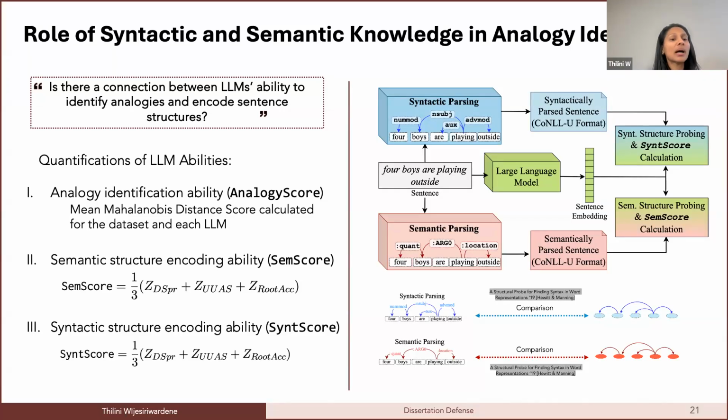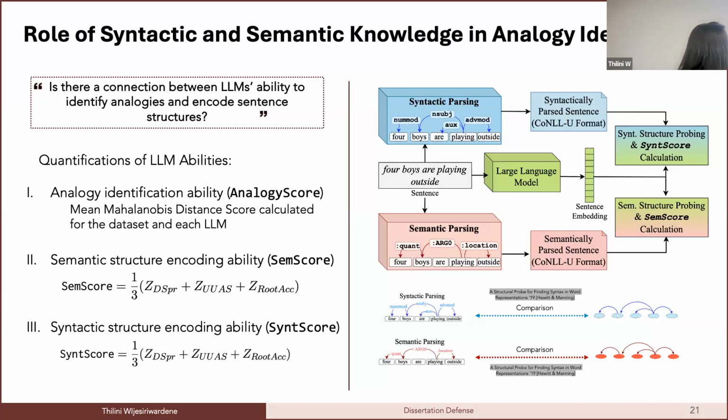To do this, we need 3 scores. One is the analogy identification ability. And then we need to quantify the semantic structure encoding ability and the syntactic structure encoding ability. These 3 things, we try to look at the correlations.